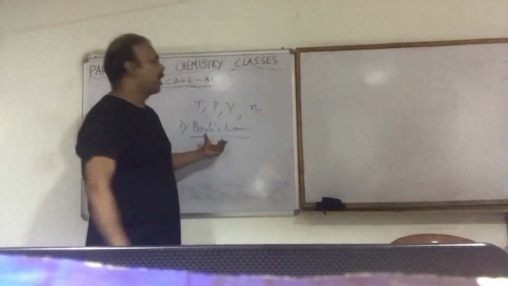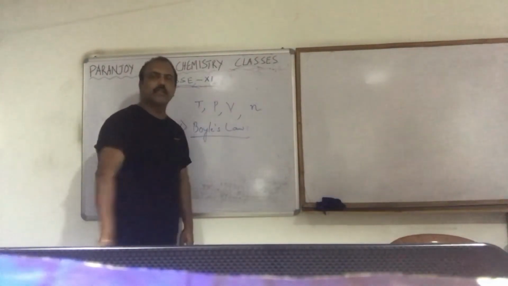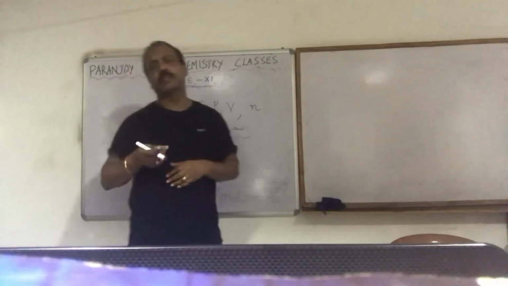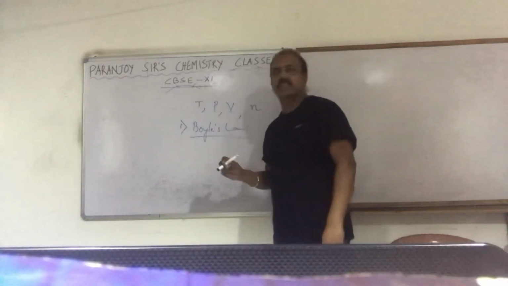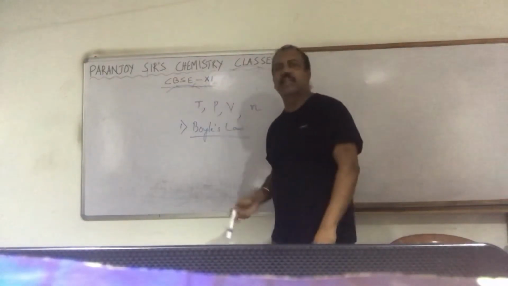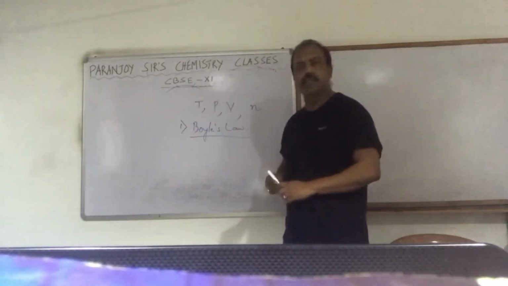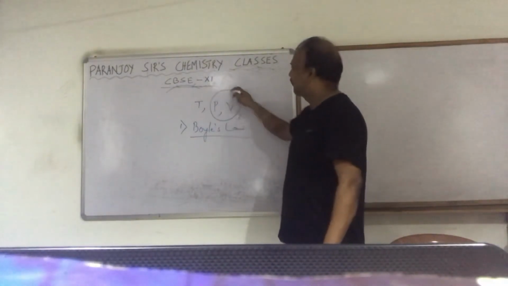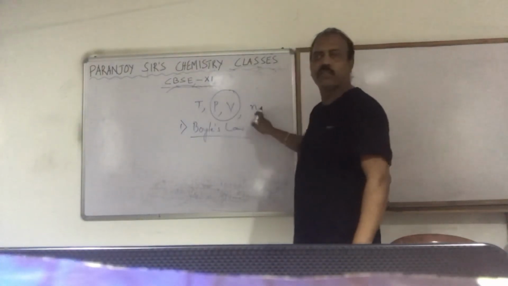So, the first one is Boyle's law. Now what is Boyle's law? Boyle experimented on how the properties of a gas depend on pressure and volume. He kept the other two things constant.